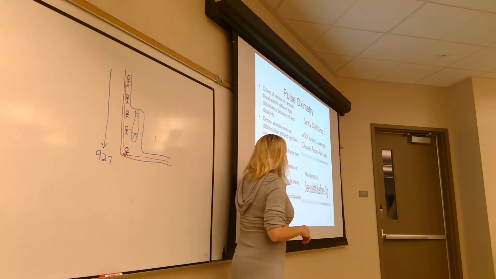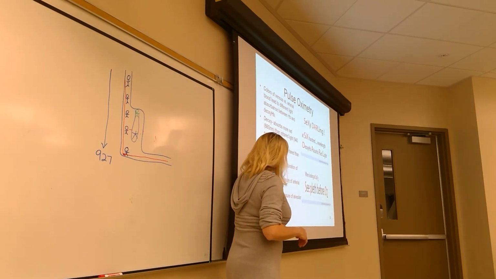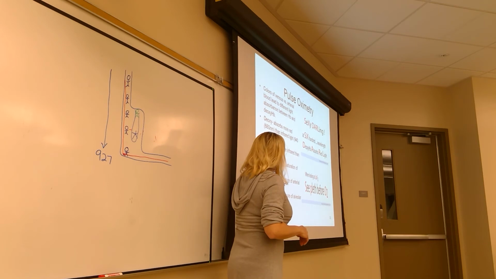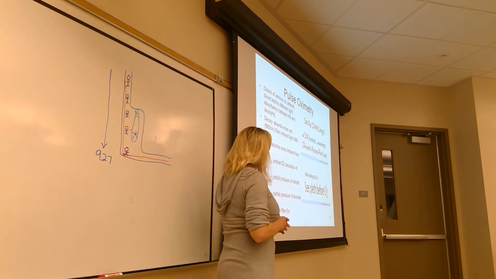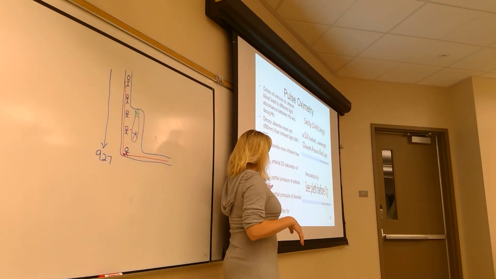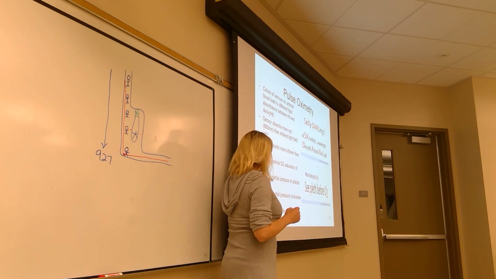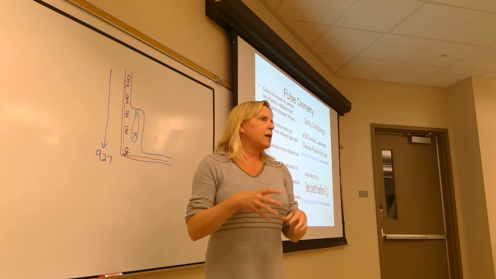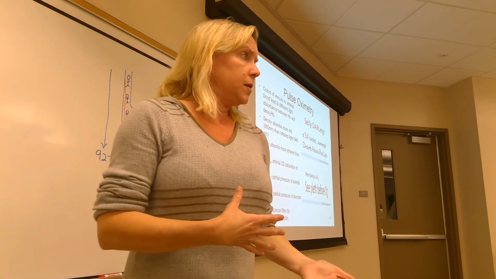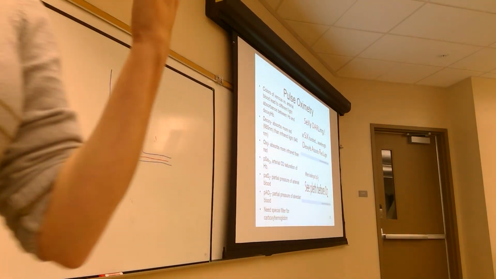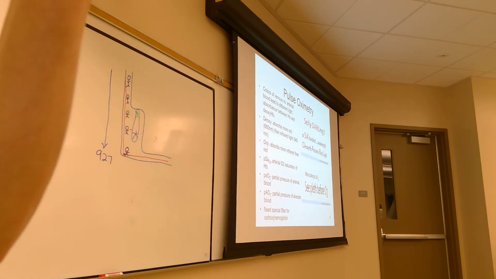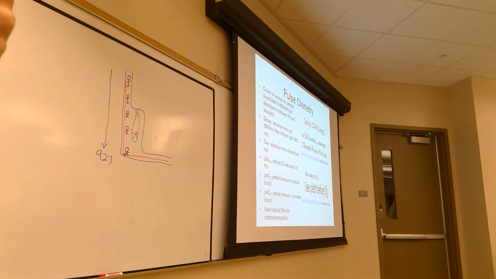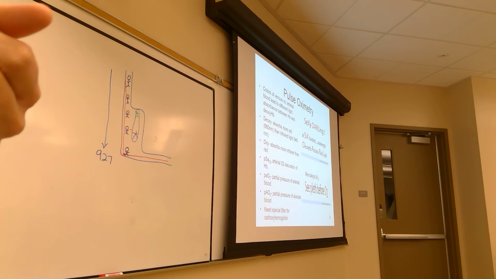So this one's the saturation of hemoglobin, like the pulse oximeter would show you. PaO2 is the partial pressure of oxygen in the blood, should be close to 100 millimeters of mercury. Capital AO2 refers to the partial pressure of oxygen in the alveolus. So that should be a little bit higher. It's going to be around 100 millimeters of mercury by the time that oxygen gets into the alveolus from the atmosphere.